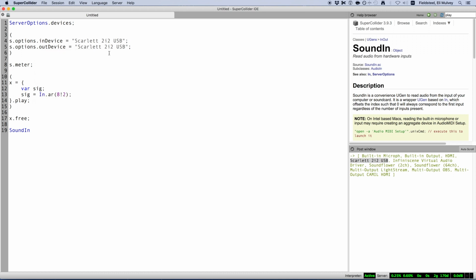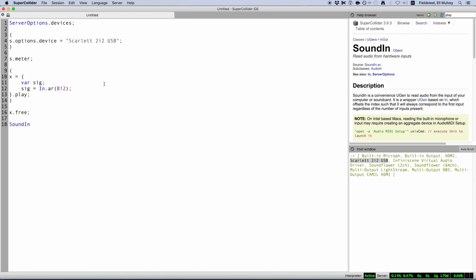Using two separate lines for input and output is useful, particularly if you want to use one device for input but a different device for output. But if you're using the same device for both, like we are here, as a shorter alternative, you can just type s.options.device equals whatever the name of your device is.